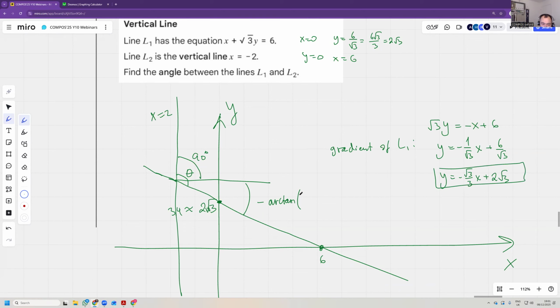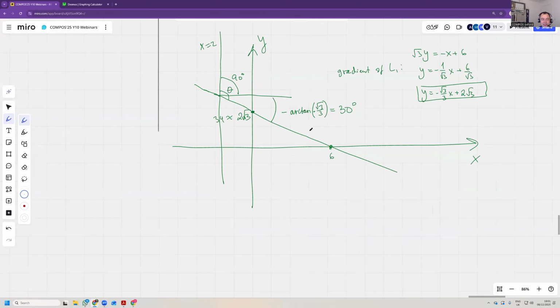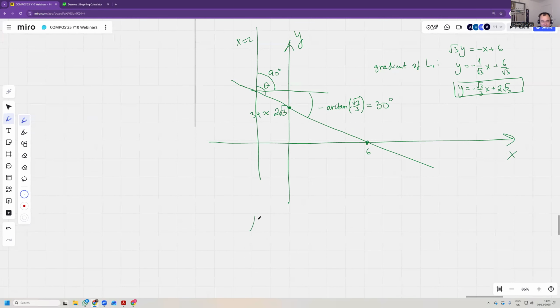So the angle is minus arctan of minus root 3 over 3, and arctan root 3 over 3 is 30 degrees. So 90 plus 30, the angle is, of course, 120 degrees.